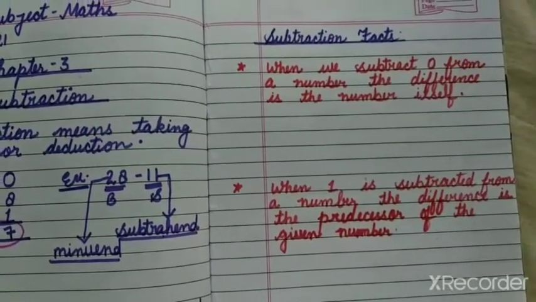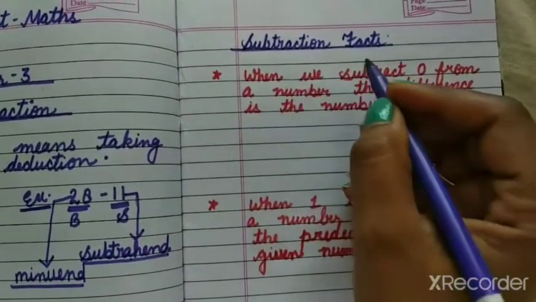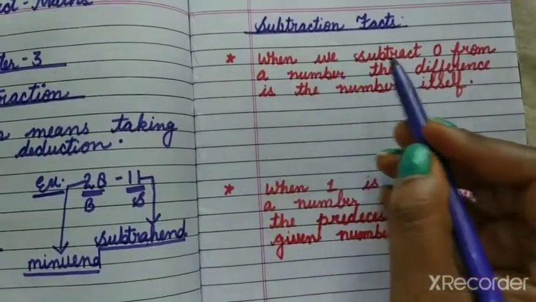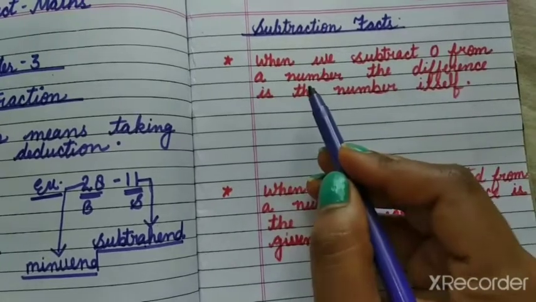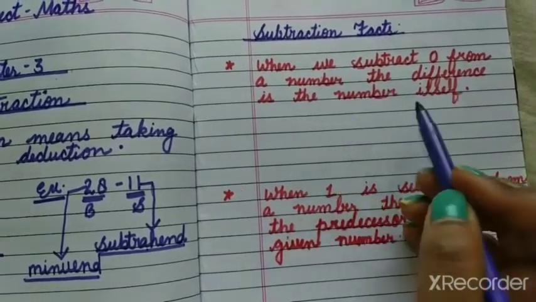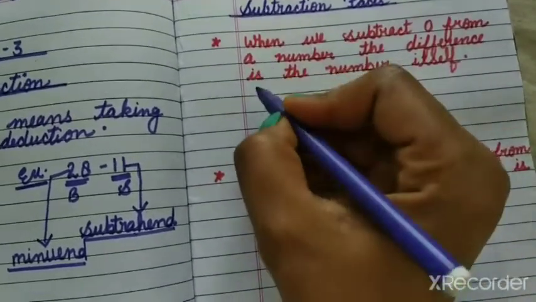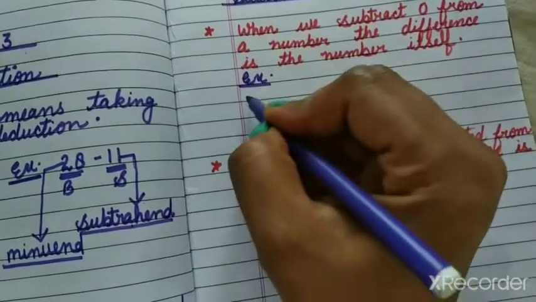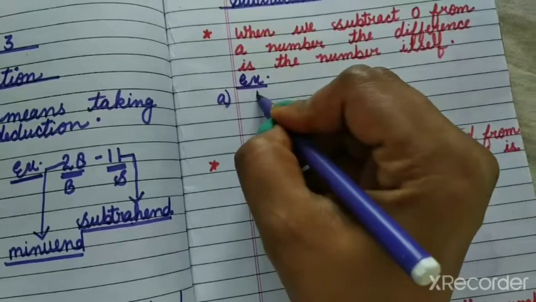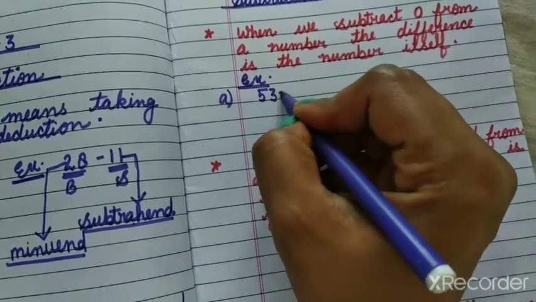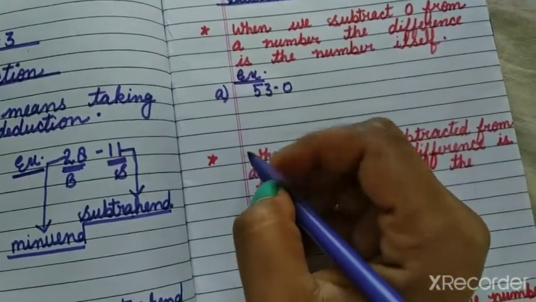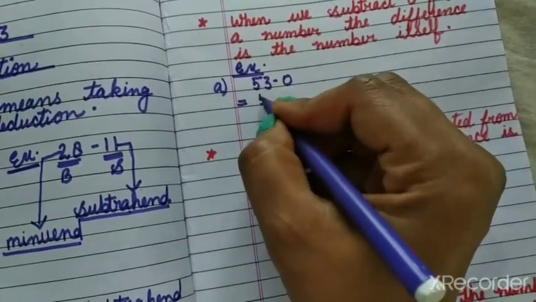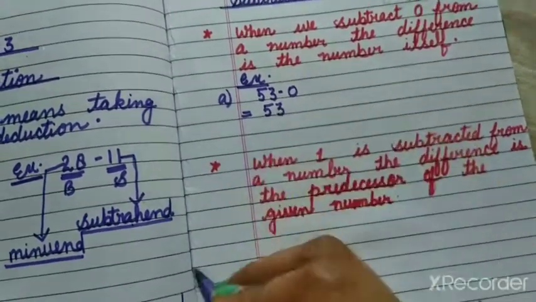Now children, we study next point, subtraction fact. First one is, when we subtract 0 from a number, the difference is the number itself. Let's do example. 53 minus 0. So we get number itself means 53.